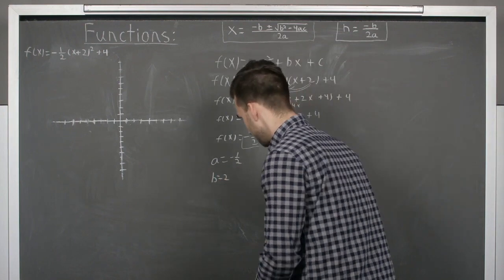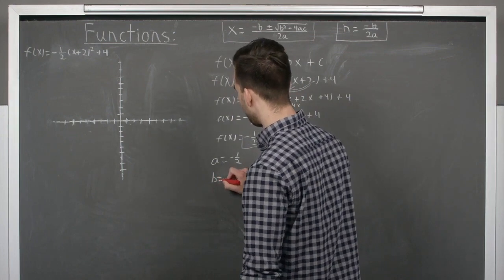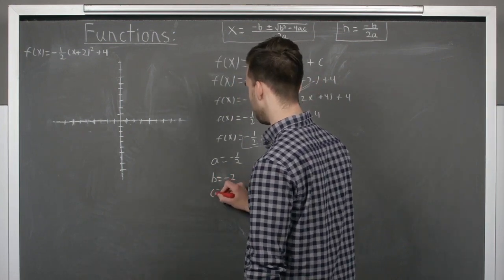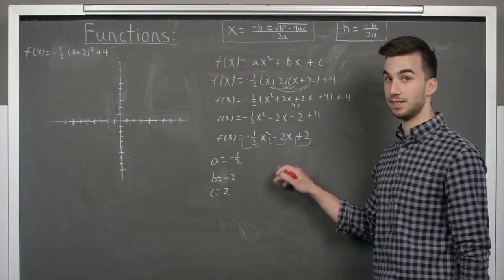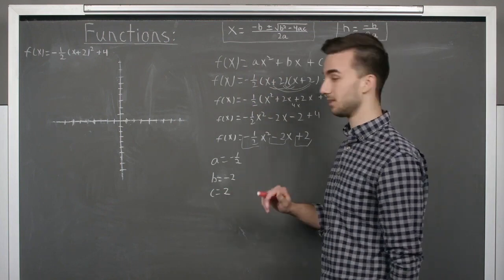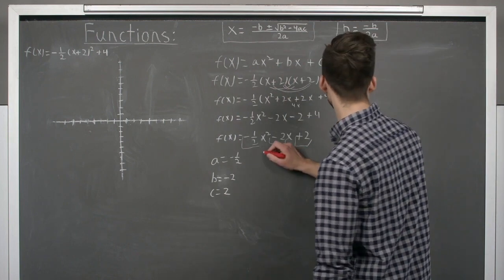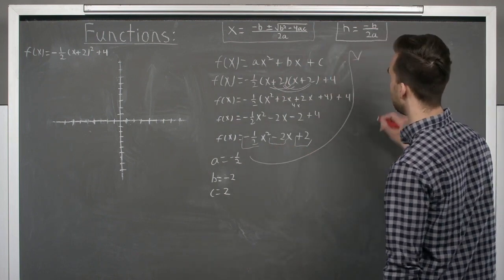Excuse me, that's messy. So b is -2, c is equal to +2. It's important to try and stay as neat as possible when you're doing stuff like this, because messiness makes mistakes, especially for me. But let's bring this all up here and calculate the quadratic formula.